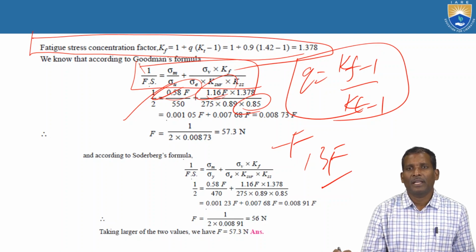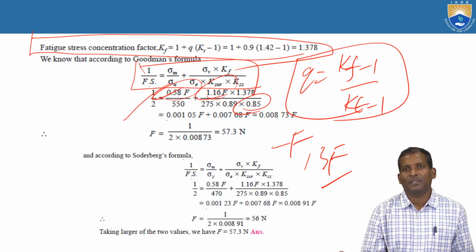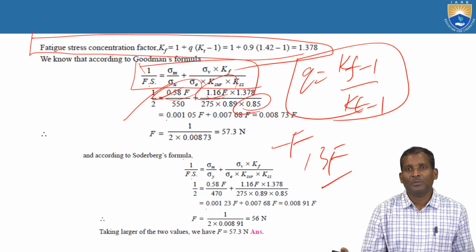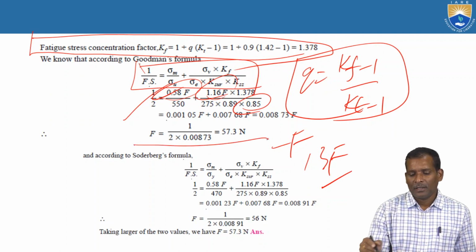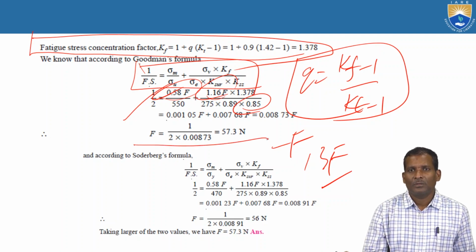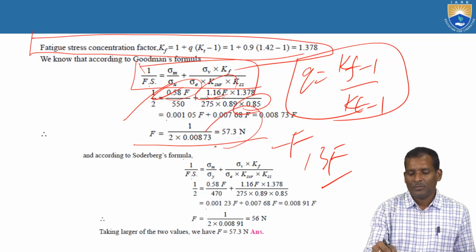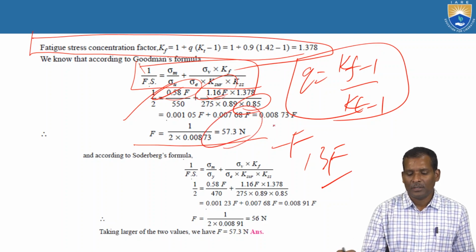That's why we calculated the mean load, mean stress, variable load and variable stress, and we are using these two methods, Goodman and Soderberg. So here the calculated load value is 57.3 Newton.